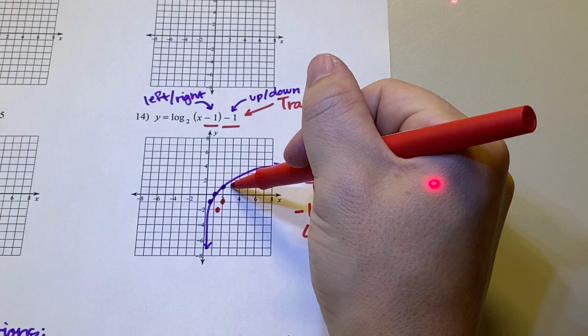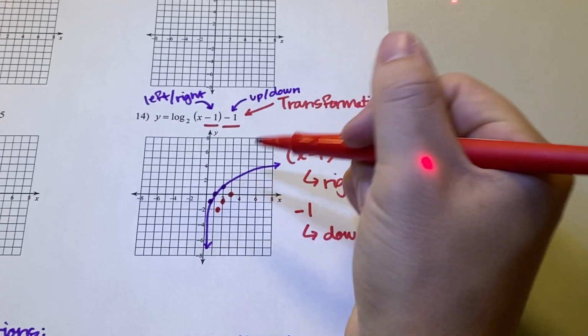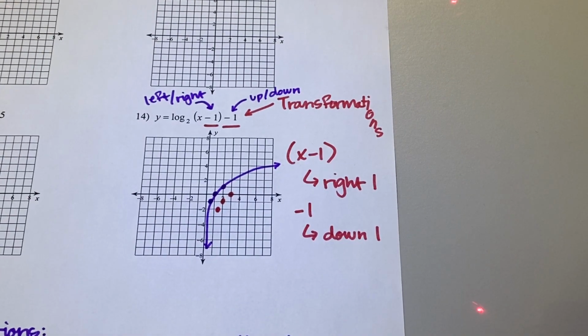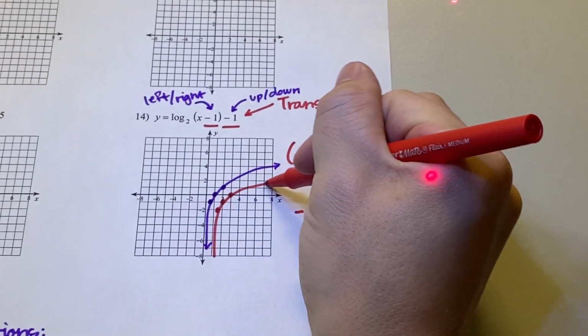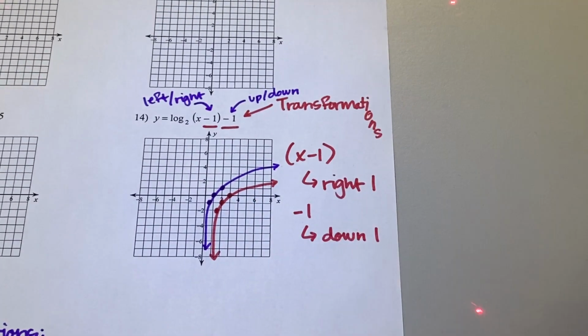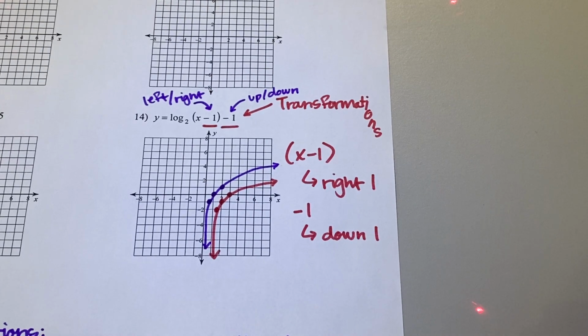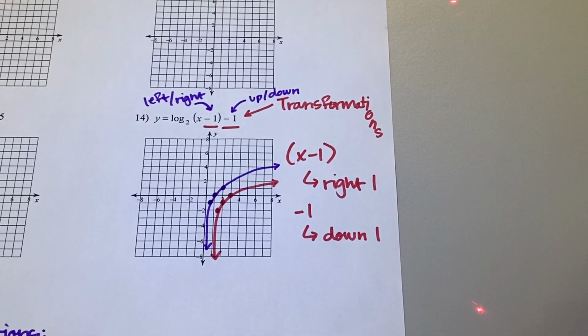And pick up your last point. To the right one and down one. Oh, and look at that. He's been transformed. He's literally just been moved. Whoa. That's like legit level 10 stuff right there.